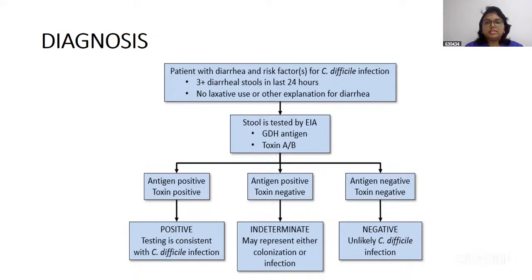If antigen GDH is positive and toxin is negative, then it comes in an indeterminate area where it can be colonization or infection. In that case, we have to do a PCR technique and culture to prove it. And if both are negative, it is definitely negative for C. difficile.